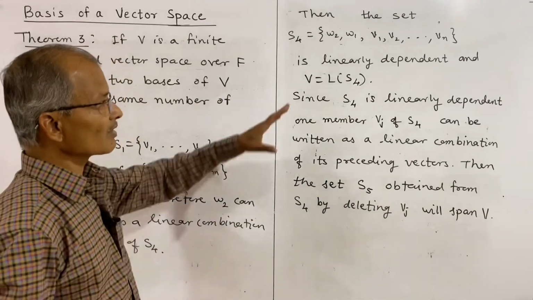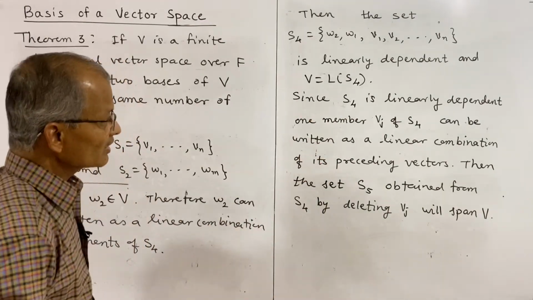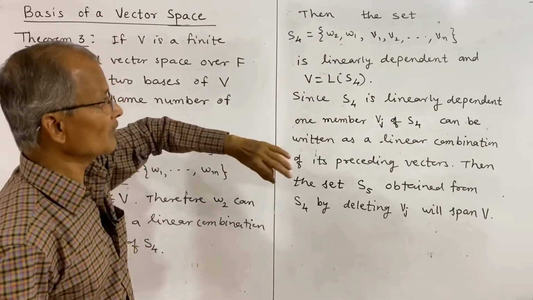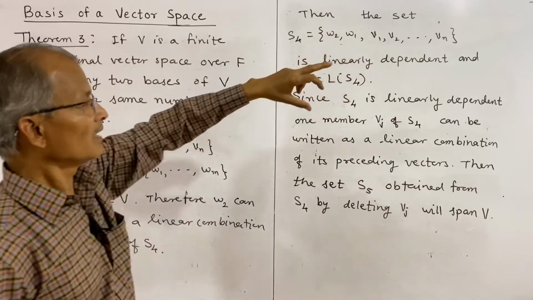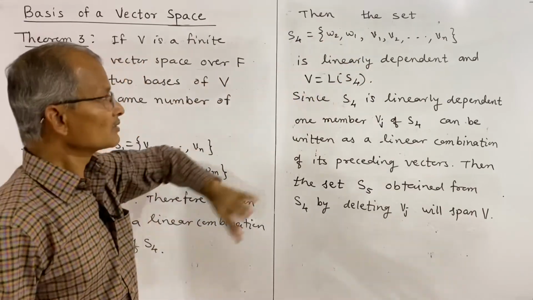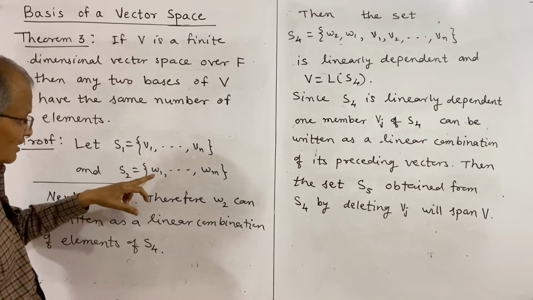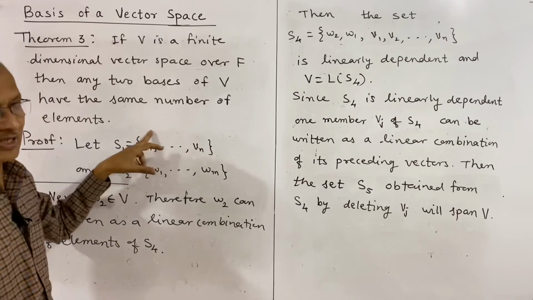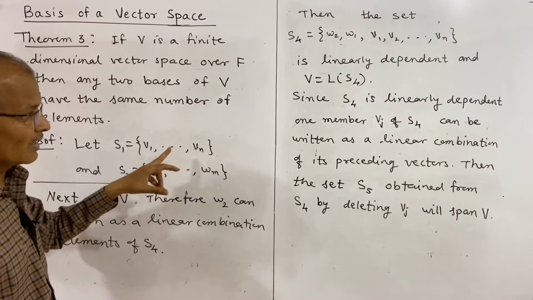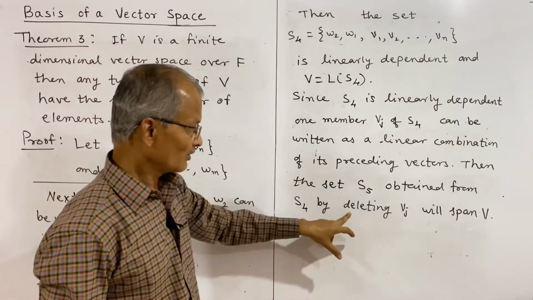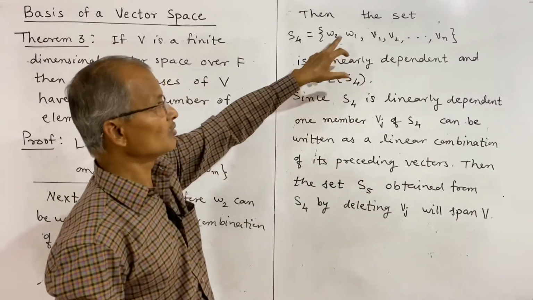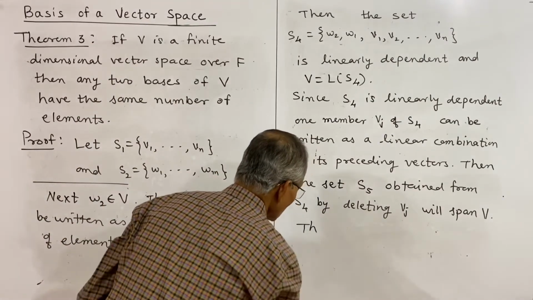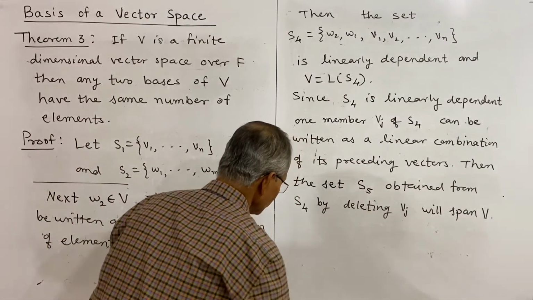So thus we continue this process of deletion of V and inclusion of W. First we have considered W1, we have included W1 in this set and we have deleted one Vi. Then we have deleted another Vj, and this W2 is included.